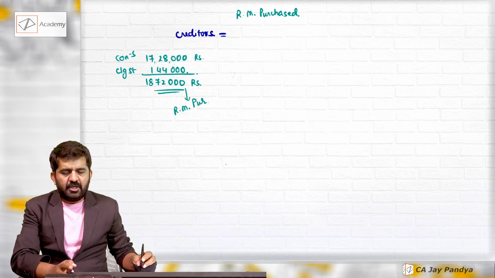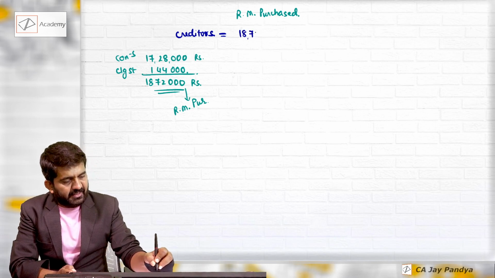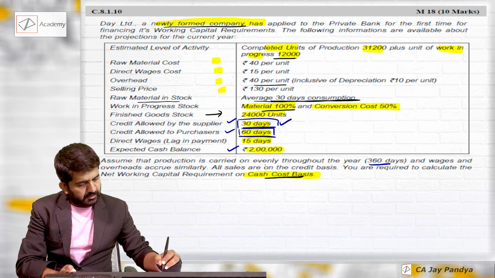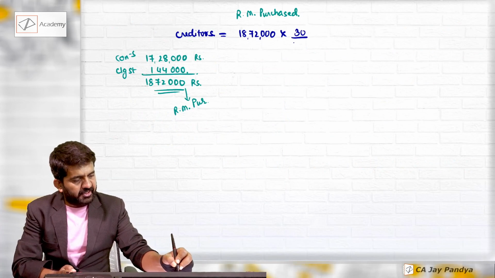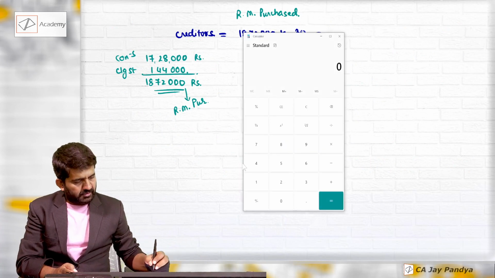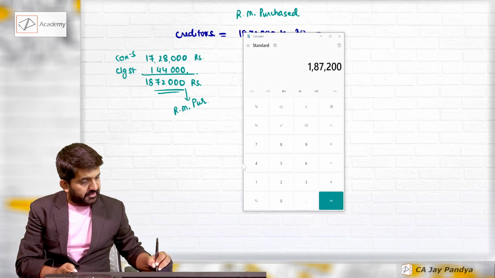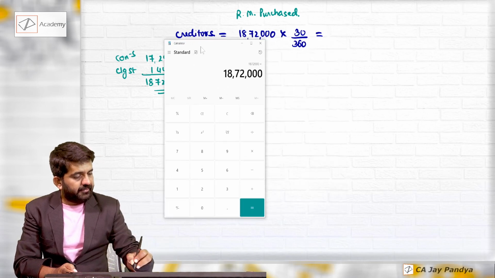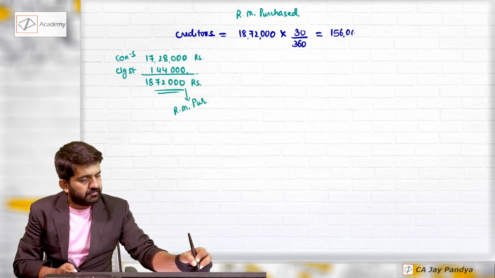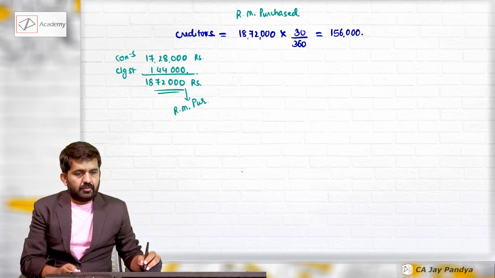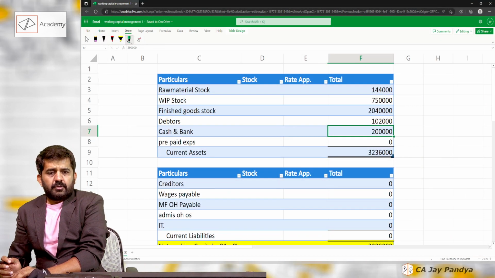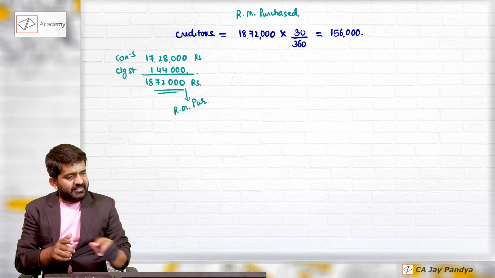And for creditors, the purchase figure is important. 18,72,000 multiplied by supplier credit of 30 days, into 30 divided by 360, which is 1,56,000. So creditors will be 1,56,000.